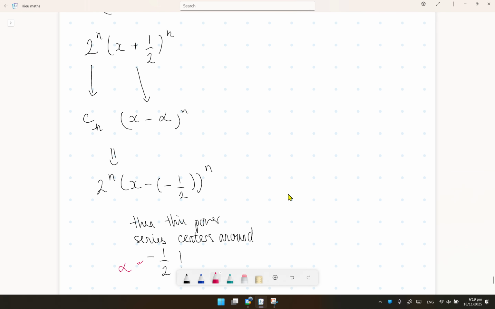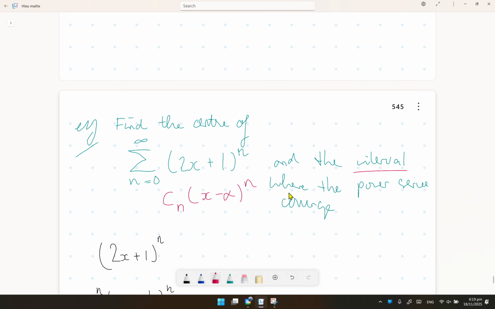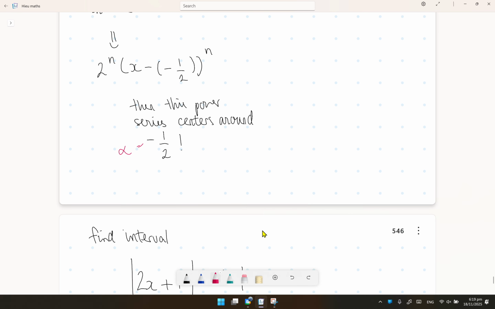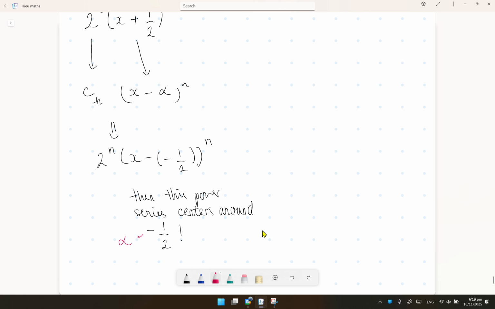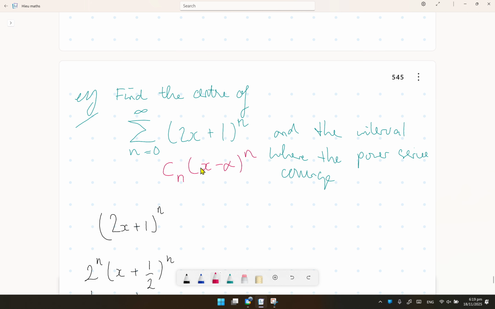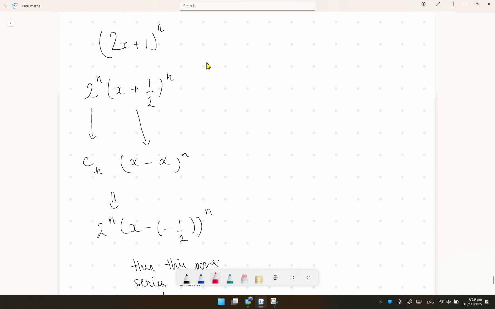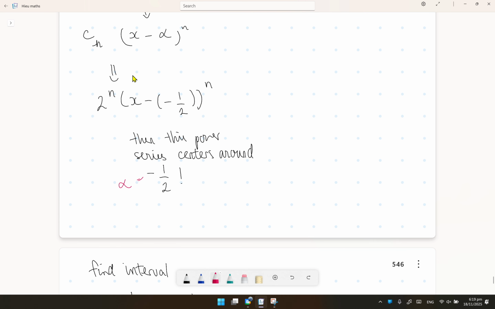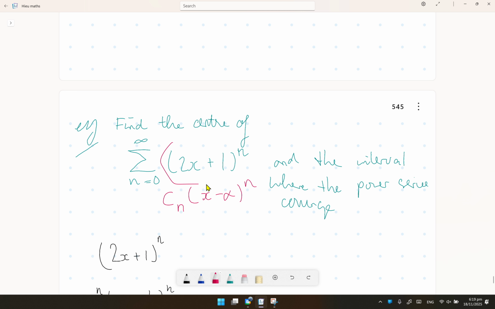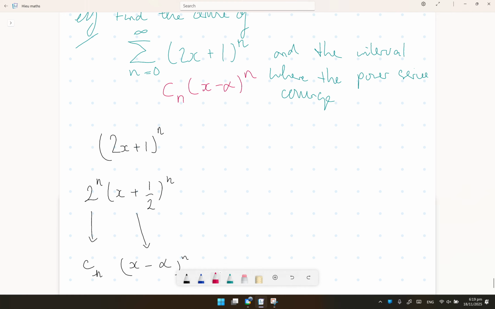Okay. So now we want to find the interval where the power series converges. So we know for sure that this is kind of like, let me show you guys really quick. This itself is a geometric sequence.